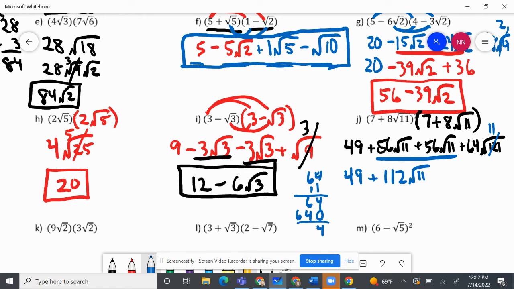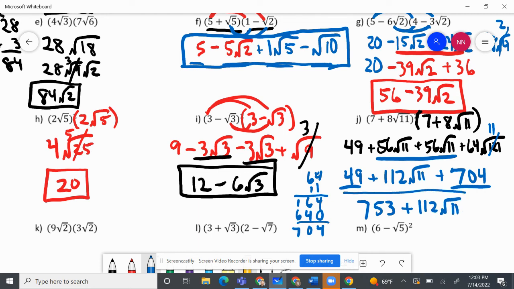And so we get 704. Then what we're going to do is we're going to add the 49 plus the 704, and that gives us 753 plus 112 square root of 11.